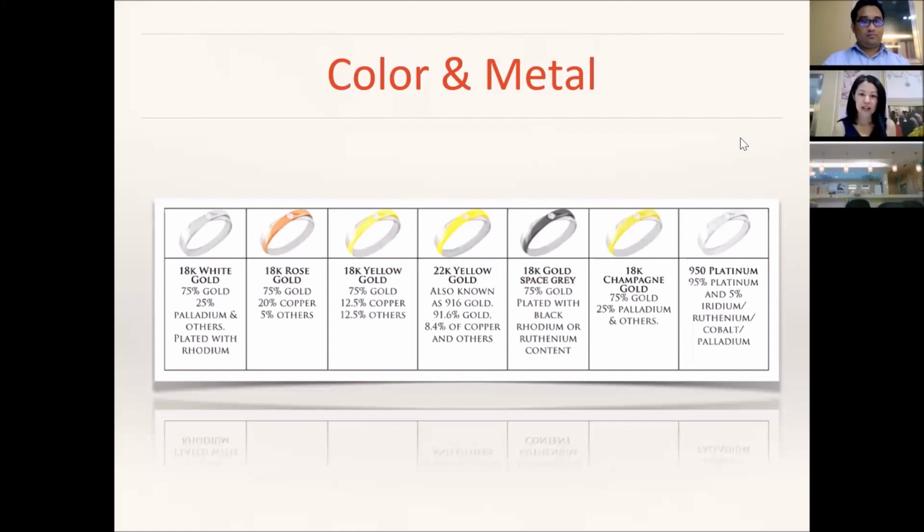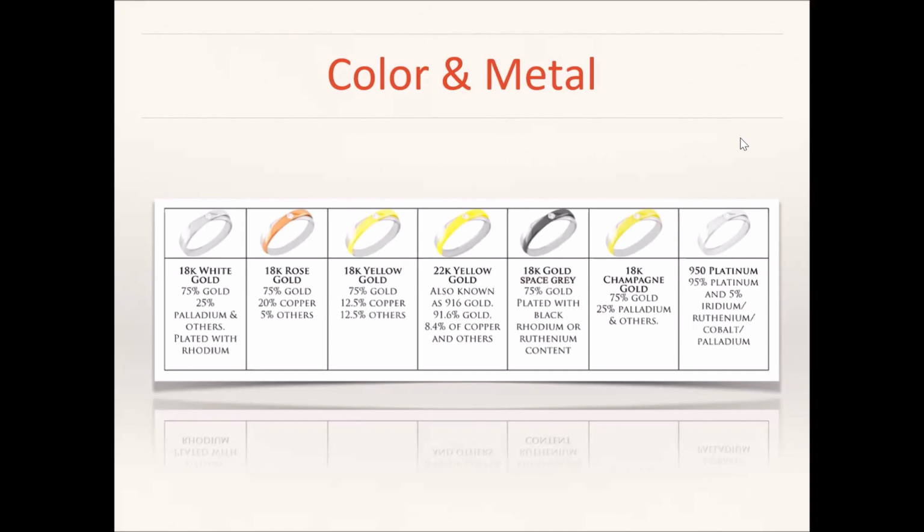Okay, black gold. Someone saw the black gold there and asked me, so black gold is coated, my dear. Let me just show you black gold. Can you see? I try not to shine the lights. I think it's clearer. So this is black gold. There are customers who like black gold, especially the guys, and they ask us to create this.